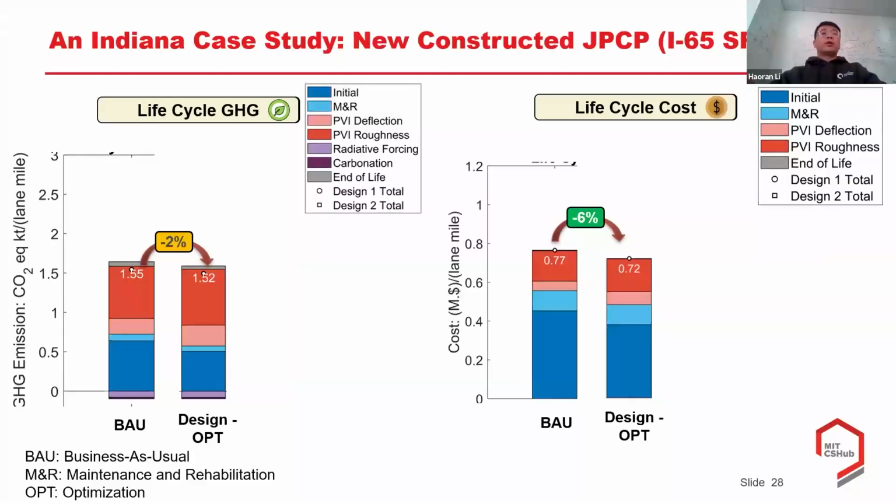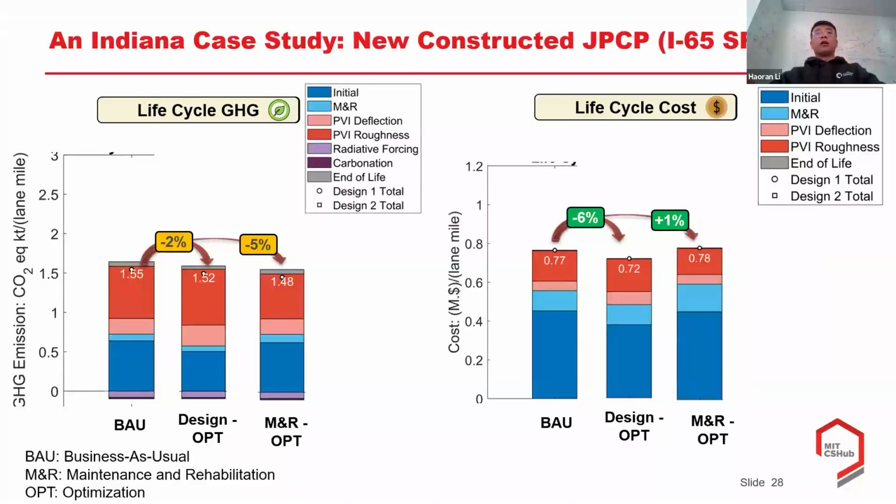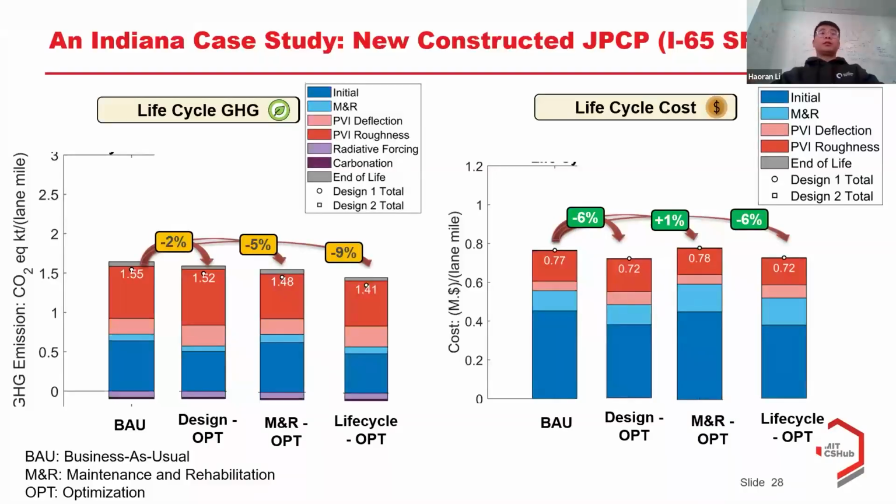When we're only trying to optimize design, we're saving about 2 to 6% respectively. And when we optimize the M&R, they're about saving up to 5% of GHG, but slightly increasing about 1% of the cost. But if you want to make better decisions at a much earlier age, you can save in both the GHG and the cost by 9% and 60% respectively.